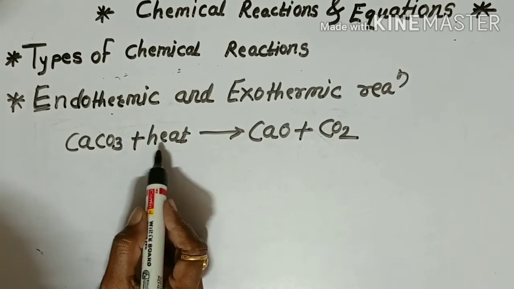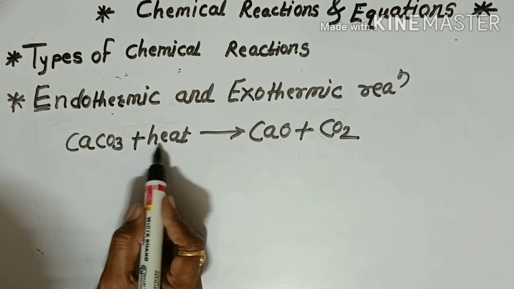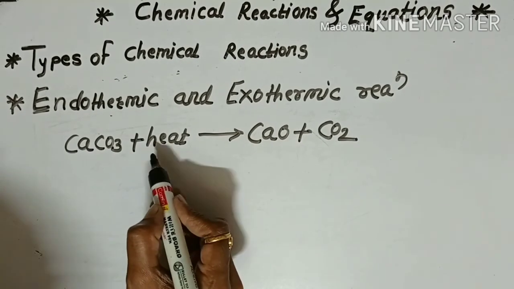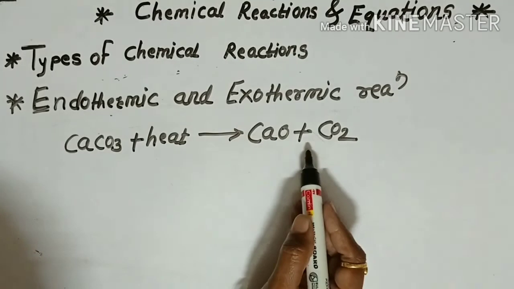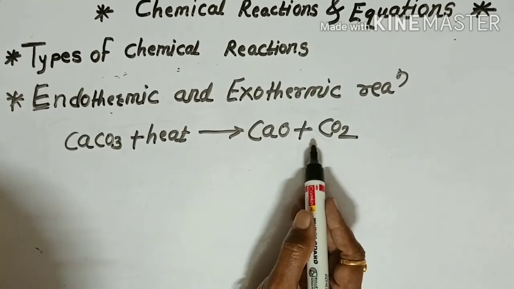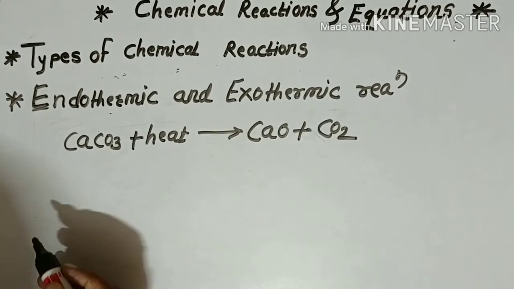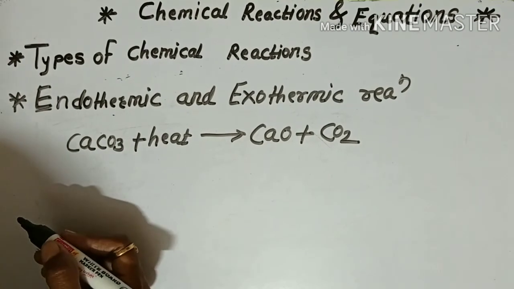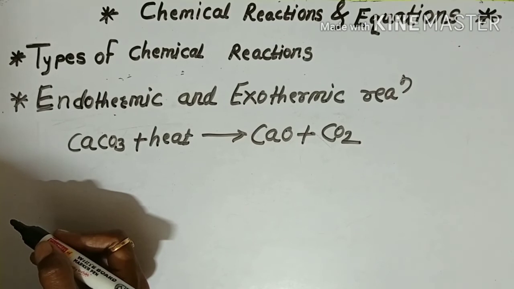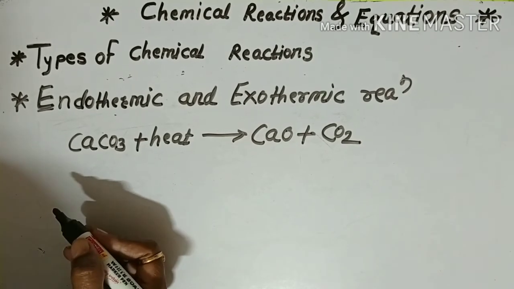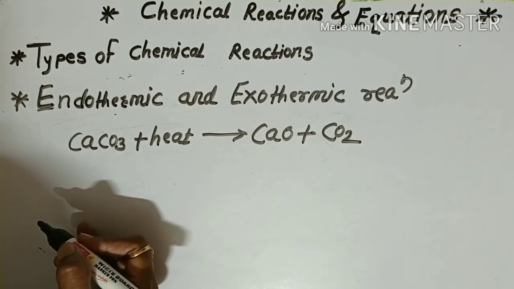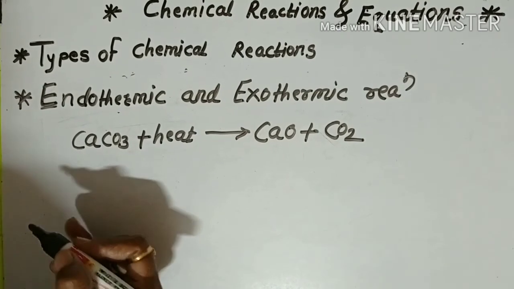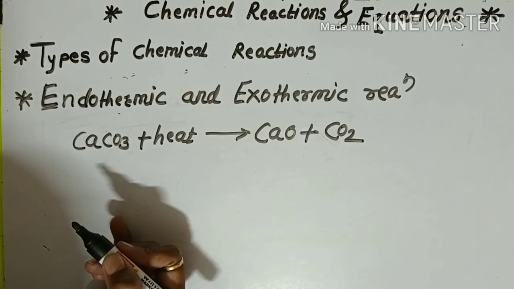Here heat is absorbed and it is on the left side of the arrow, the reactant side. So this type of reaction is called an endothermic reaction. How can we define the endothermic reaction? The reaction in which heat is absorbed from the surroundings is called an endothermic reaction.